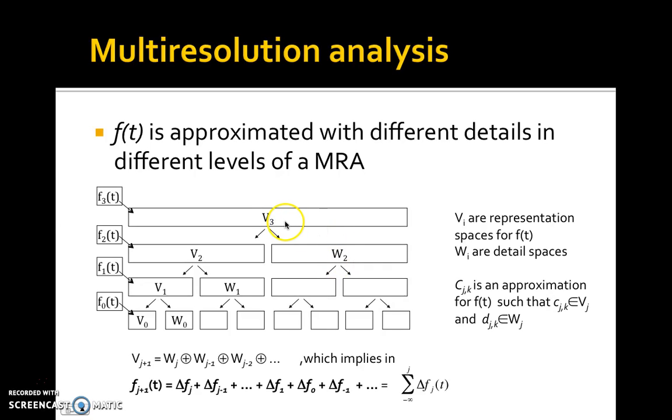Each level of the analysis has a different distribution of details. The details are in the W spaces. Any approximation of the function of interest can be done by summing the details of the different spaces.